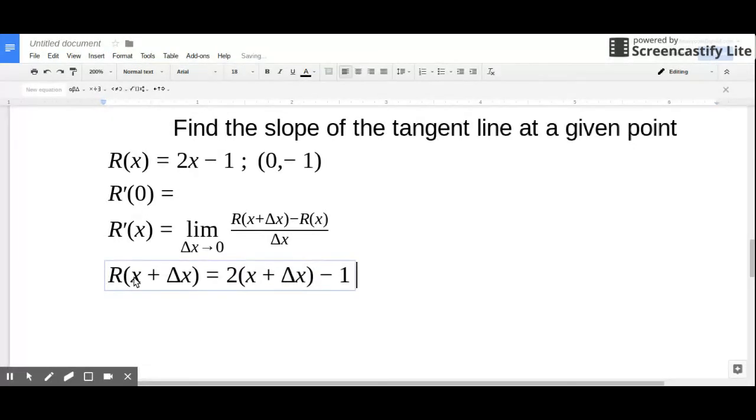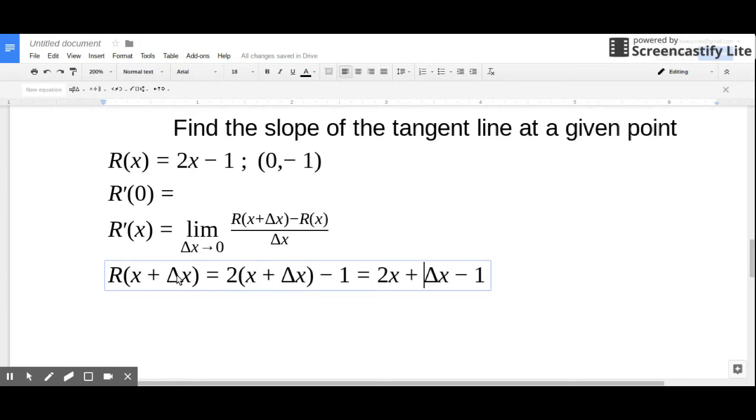All right, so we'll want to simplify this, and that's going to be 2 times x plus delta x, minus 1.